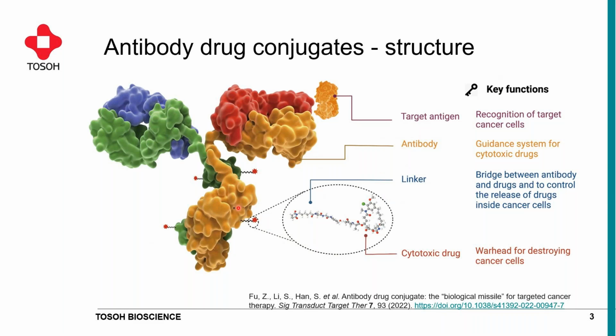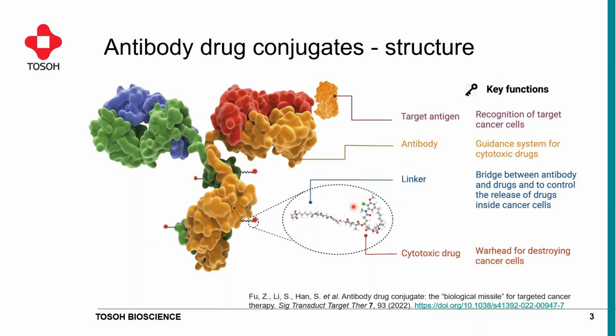Apart from these two very critical components of the ADC, what we also find is a linker, so the molecule which links, as the name says, our antibody to the chemotherapeutic drug.